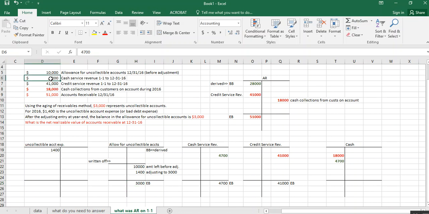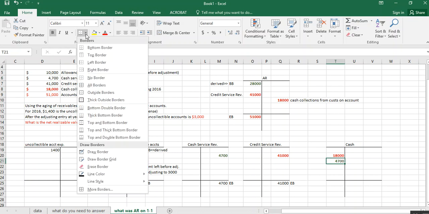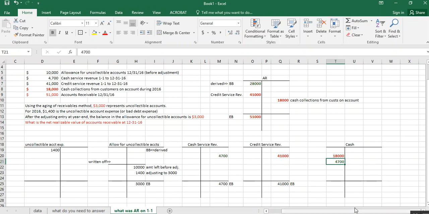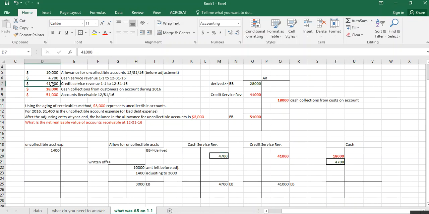Let's see what else. $4,700. This is cash service revenue. Here's cash going up, and you will notice that cash service revenue here is going up. Then we have $41,000 credit service revenue. Well, obviously there's some credit service revenue.